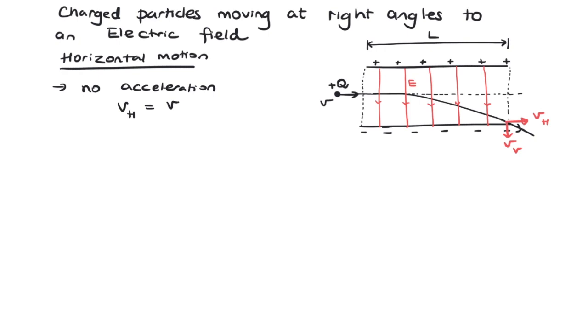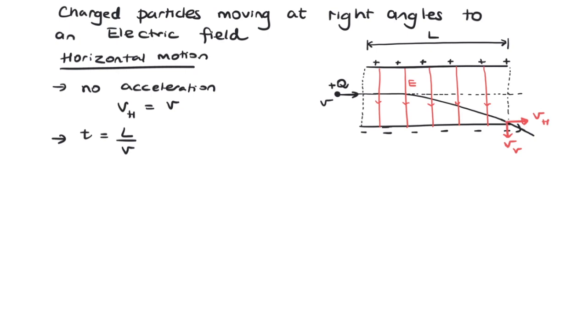All right, and secondly, we know that if the length of this electric field is L, then the time spent in this electric field can be given by T equals L over V, where V is the velocity with which it's traveling. So that's the horizontal motion, quite straightforward.